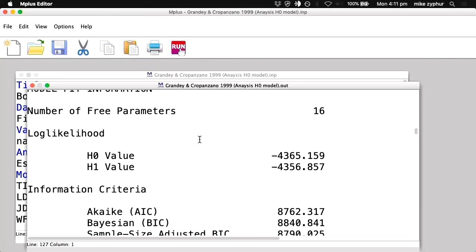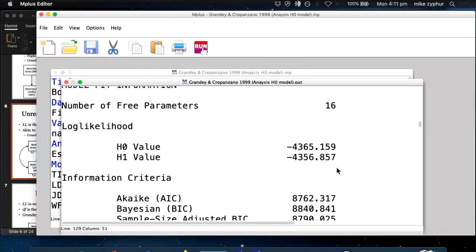I was like, oh god, what's happened? We can switch it so it's using the old data, and then it would be this value. Good God, all the little things. The H1 value is the best possible fit, and the H naught value is the fit of our model, the log likelihood. Okay.